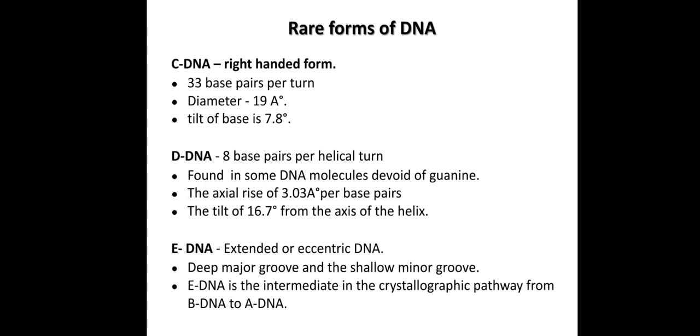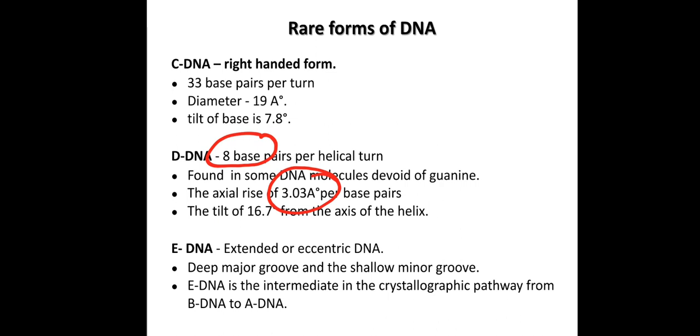And DDNA is another form. It has 8 base pairs per turn. Here it is 33 base pairs, and in another case it is 8 base pairs. Here the axial rise is 3.03 angstroms, and tilt is 16.7 from the axis of the helix. Recall I said how the arrangement takes place.